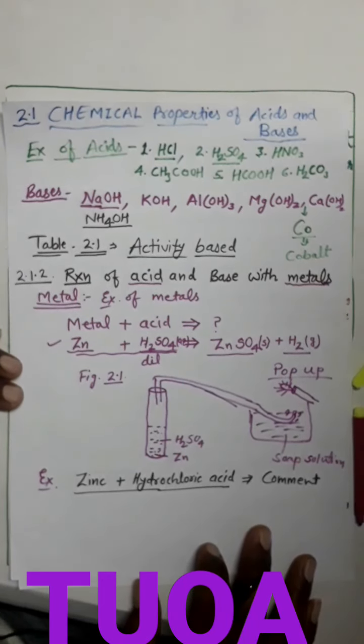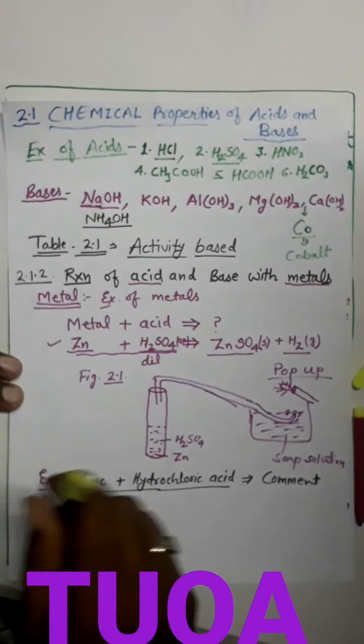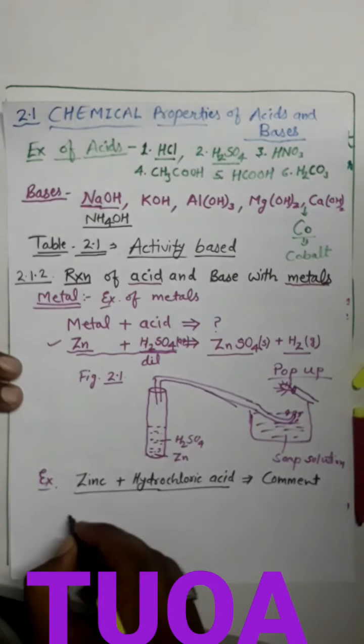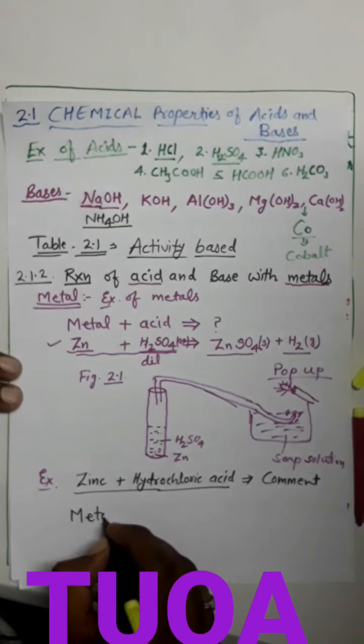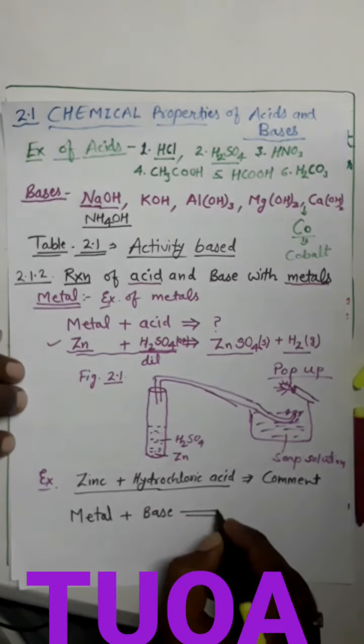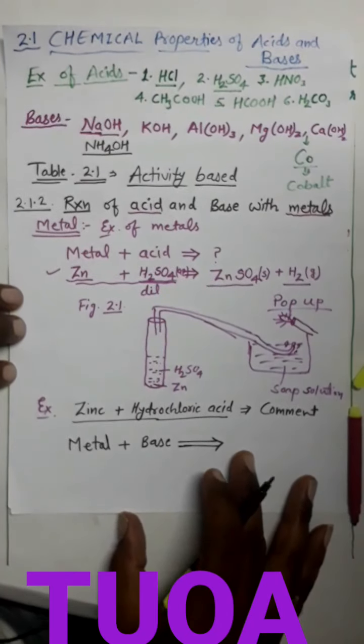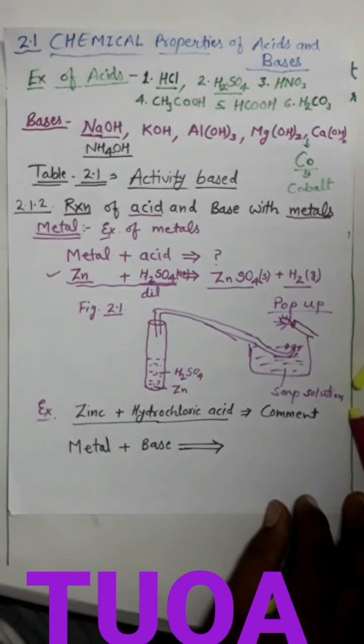Next one is the same reaction with a base, meaning a metal reacting with a base. What happens? Metal plus a base, what happens? Again the same question, this is also activity based.